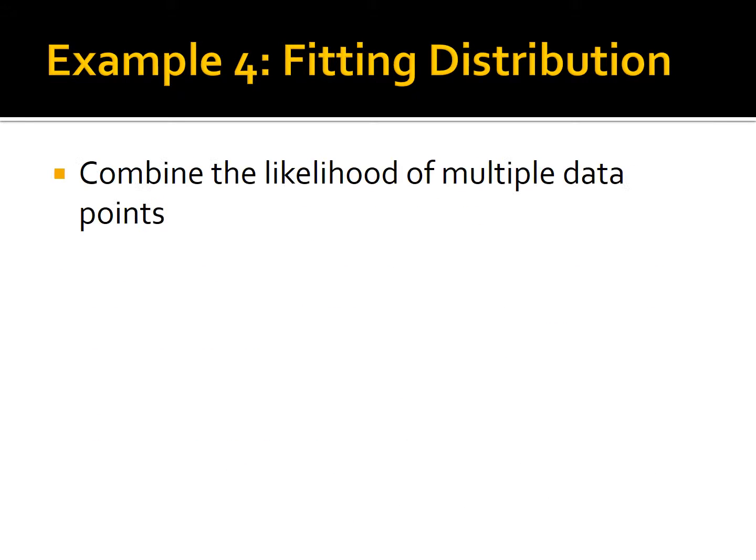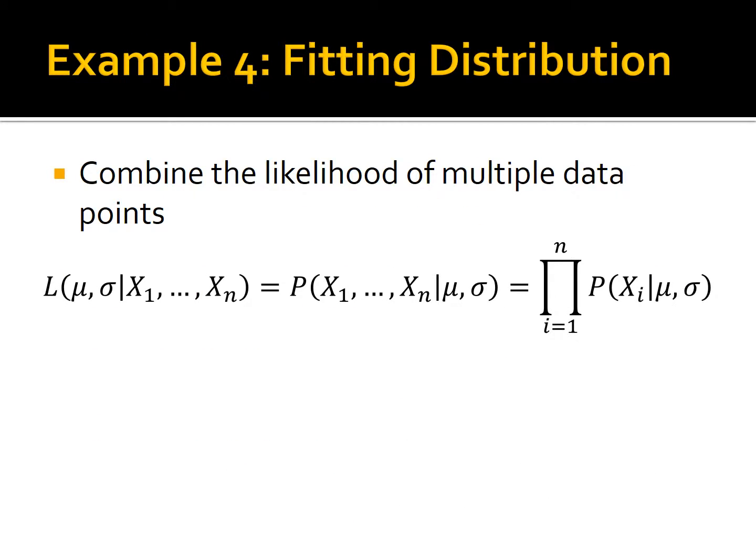And if we have multiple data points, the likelihood of the 2 parameters over here given the set of data points equals the probability of each individual data point given the parameters mu and sigma. And because we have the assumption of independent draws, the probability of the joint distribution of drawing multiple data points equals its product.